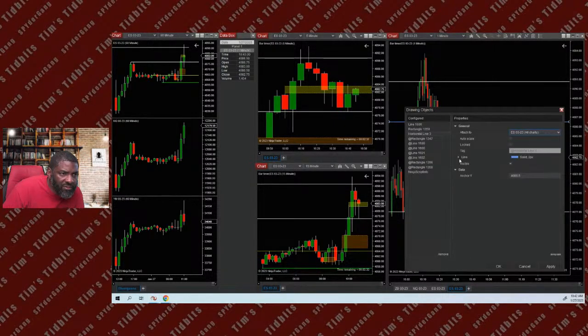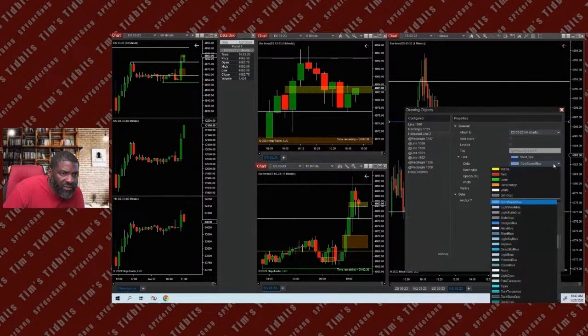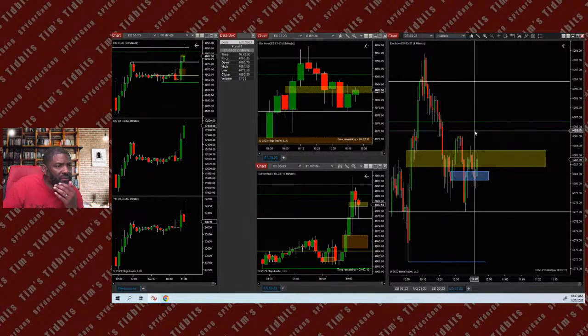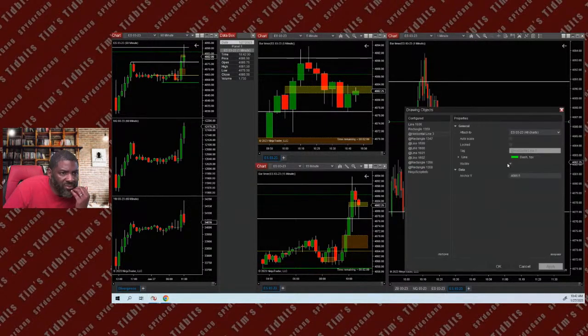On all charts. What's the color we don't have over there yet? Lime green. We're going to make it dashed so we'll know that's the one we just put in there. All right, so make it bigger.